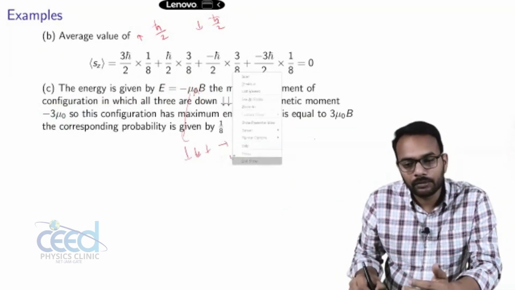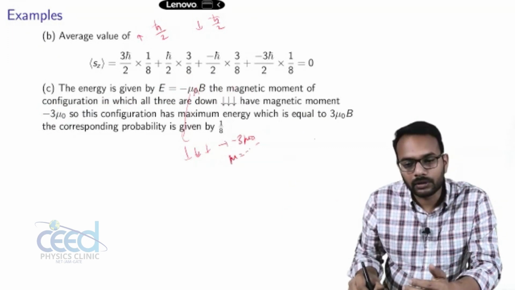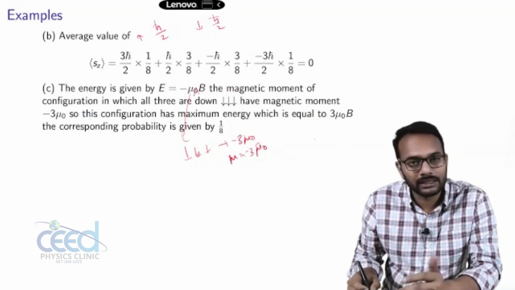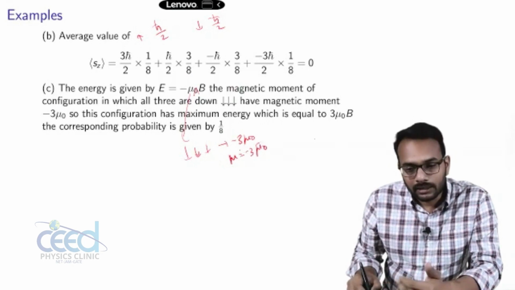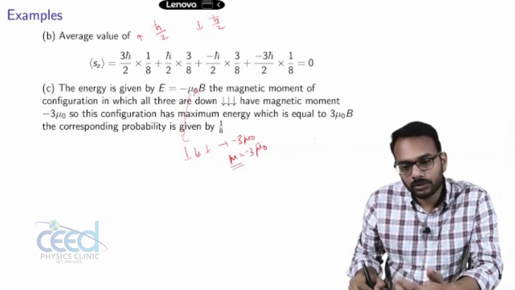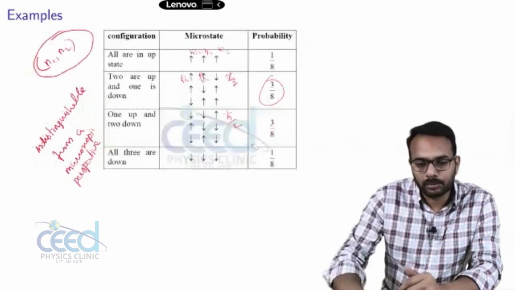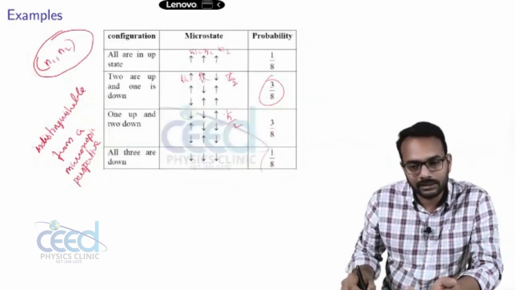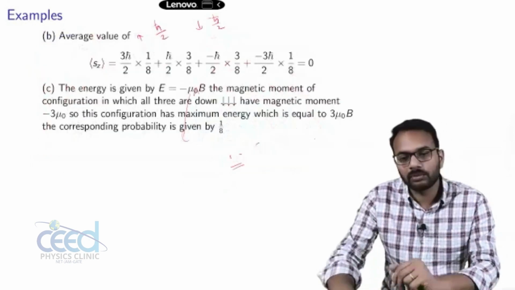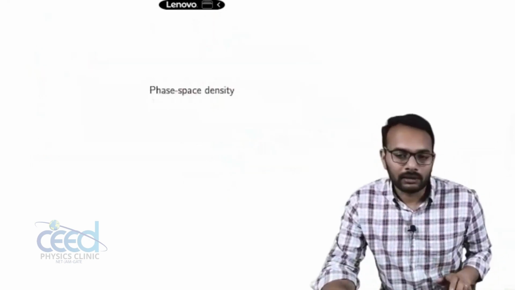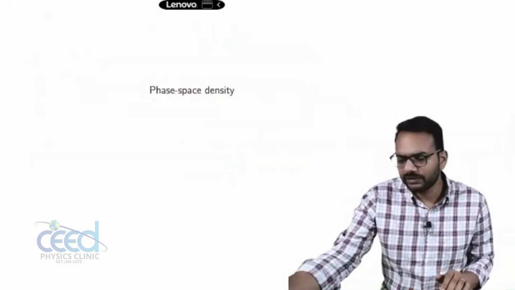So this is the configuration corresponding to the lowest value of mu, that means the highest value of energy, and obviously the probability for that is 1 by 8. There's only one way to do this. And so we have done some examples.